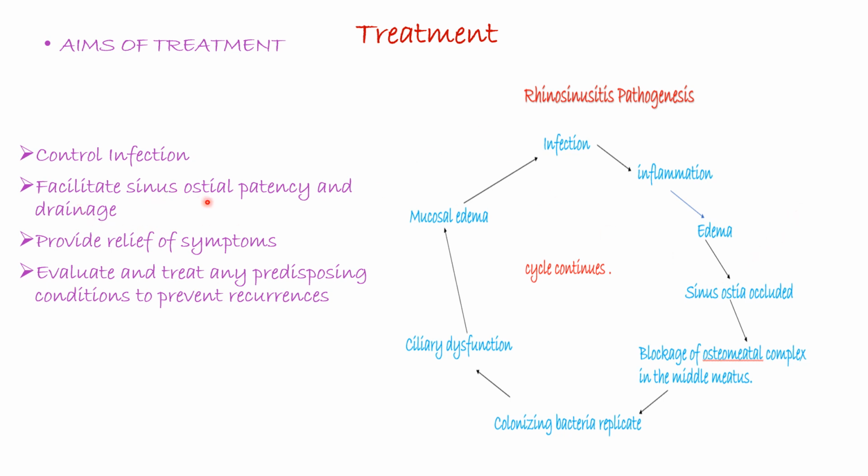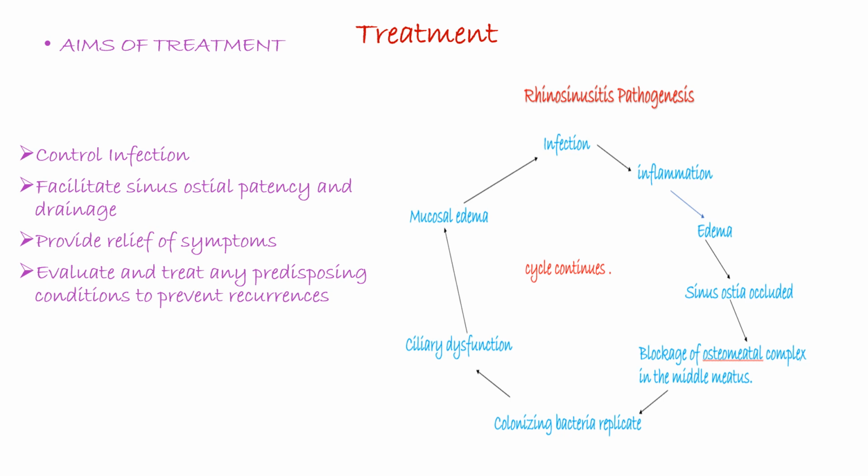So these are our aims of treatment, and is to control the infection, to facilitate sinus ostial patency and drainage, because as we said here, it's usually blocked. We have the sinus ostia occluded, and the blockage of the ostiomeatal complex. In addition to that, we relieve symptoms which include inflammation, which will present as headache, pain, among others, and evaluate and treat any predisposing condition, and to prevent recurrence.